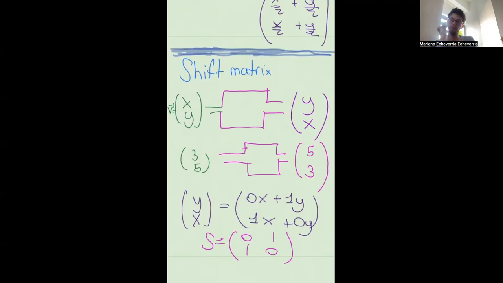A quick question. So for the 3, 5 to the 5, 3, S is supposed to be 5, 0, 5 and 3, 0, right? Oh, you have to be careful, because this is X and this is Y, right? So it's still 1 times 5, you see?